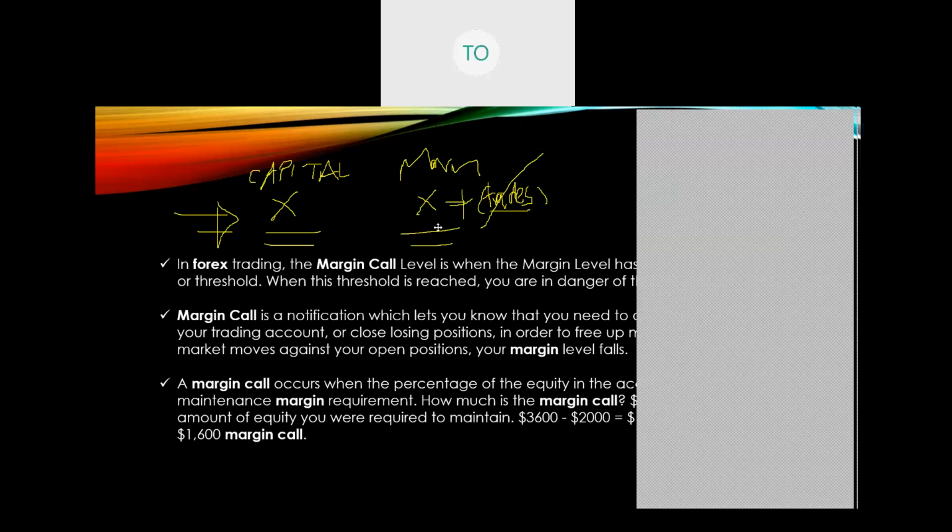However, most traders have their own, in general, like notify me when I'm at 50% down, or notify me when I'm losing 10%, send me an email, send me an alert when I'm losing 80% of my margin, and so on.